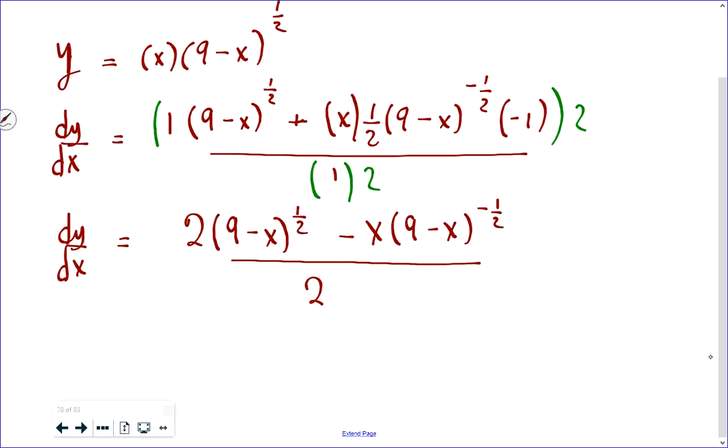You should be double checking what's happening here. I'm multiplying the 2 by this term, and I'm multiplying the 2 by that term, but when I multiply the 2 by the second term, the halves cancel. Are we okay with what I've written there?